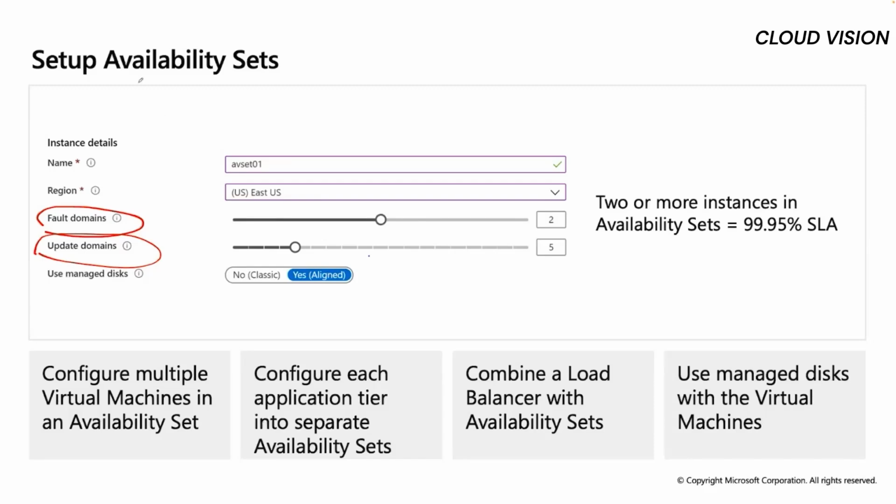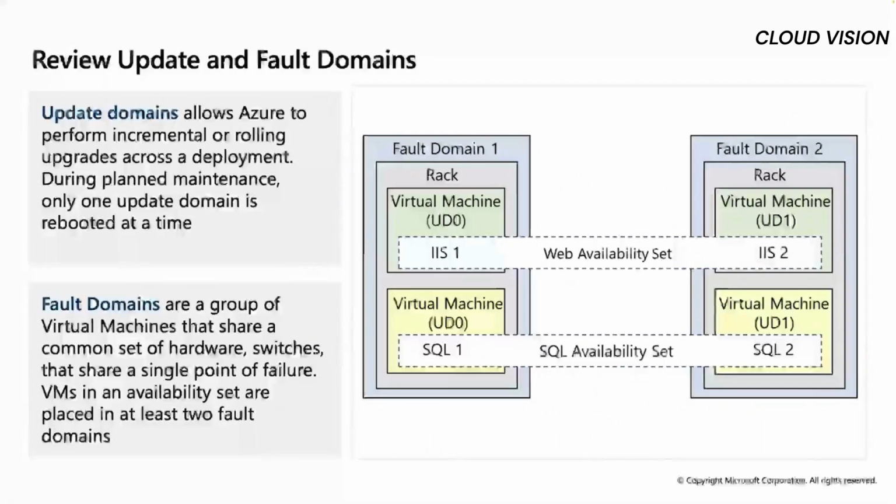The availability set has an SLA of 99.95, which is probably acceptable by many organizations, but many organizations might not. In that case, you can add even further recoverability. So here, let's review the update and fault domain scenarios first.